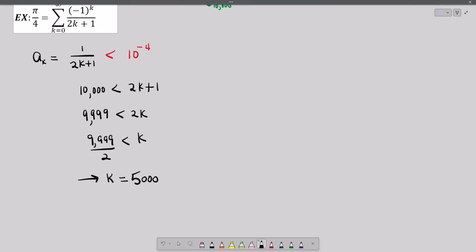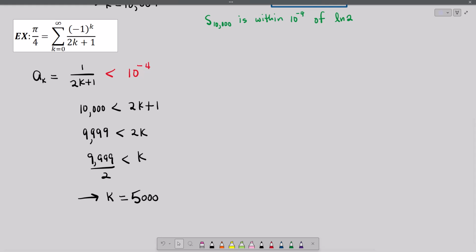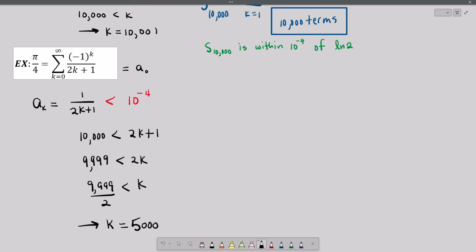So that means that when k is 5,000, the magnitude of that term is less than 10 to the negative 4. So we want to add everything in front of it. If we think generically about our summation, this first term is going to be a sub 0, and it's going to be positive.